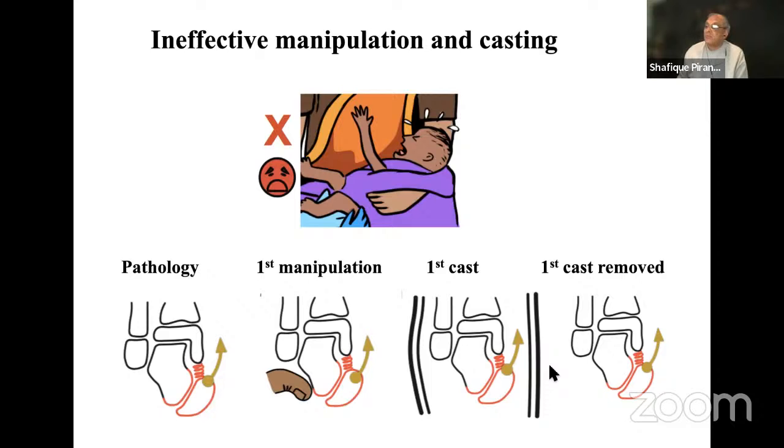And the problem is we have no way of telling. If it's a both bones forearm fracture, you can take an X-ray and you can understand the position of the bones and decide if you want to put another cast on or not. But in the situation of a clubfoot, we don't have that ability to see what's going on inside the cast.